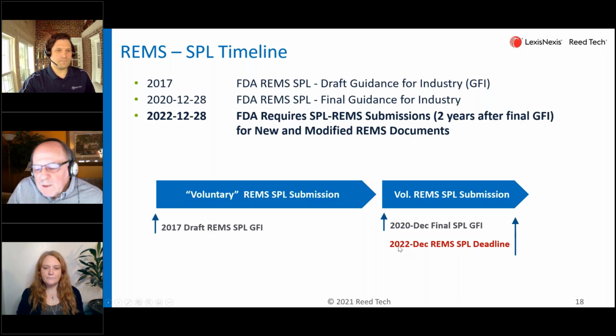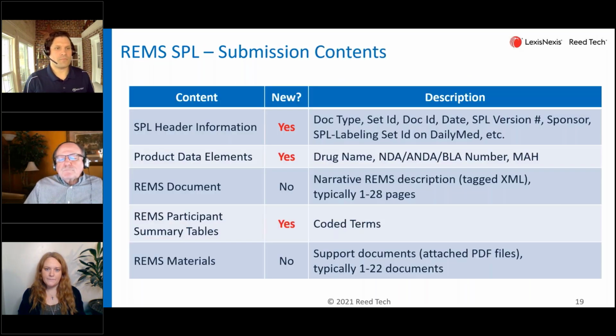In this case, REMS SPL would be required for new and modified REMS as of 2022, December 28th. So we have this 2-year grace period, or transition period, I really should say, where you can voluntarily submit REMS SPL. And let's get into some of those details.